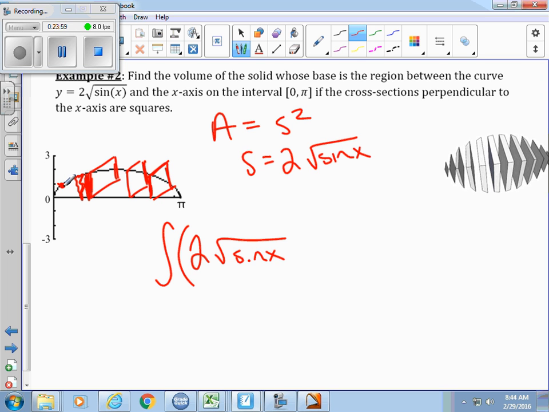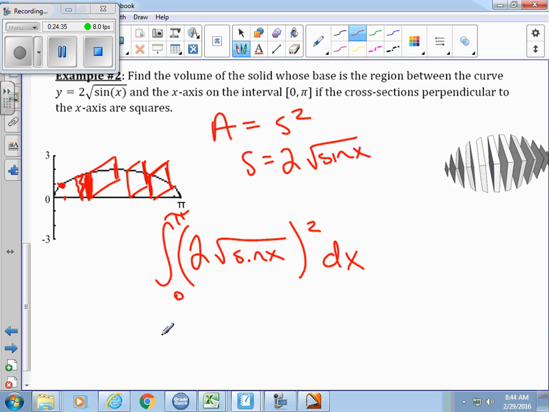How could I find that y value? Maybe it's 1, maybe it's 0.9. How could I determine it? Plug that x value into this. So the height anywhere along here is determined by this y equals function. From 0 to pi.